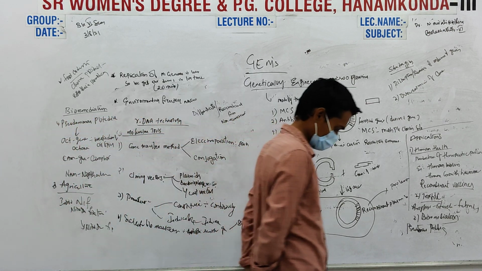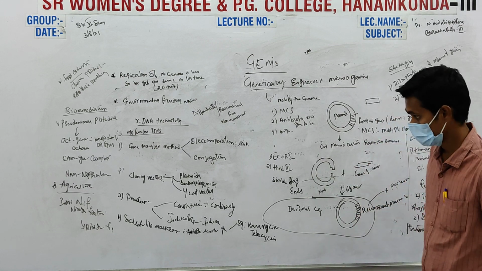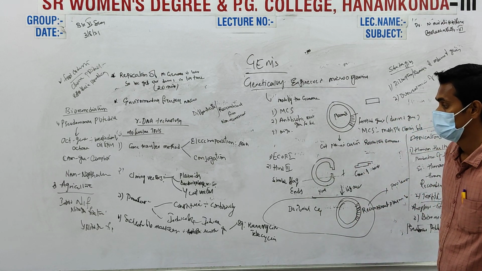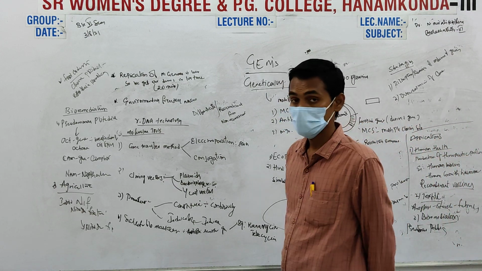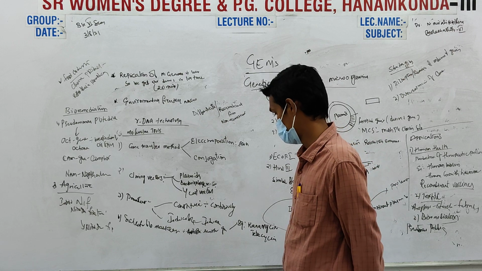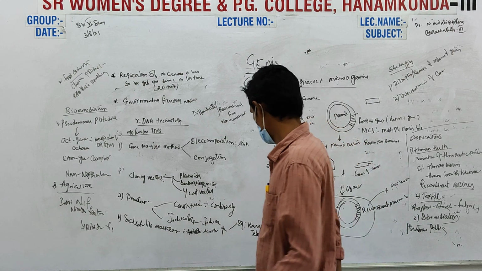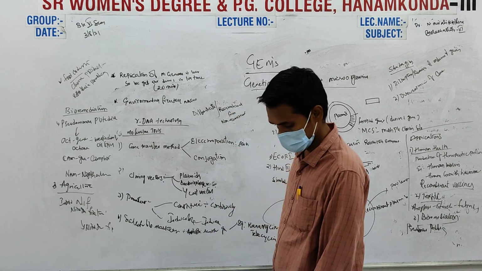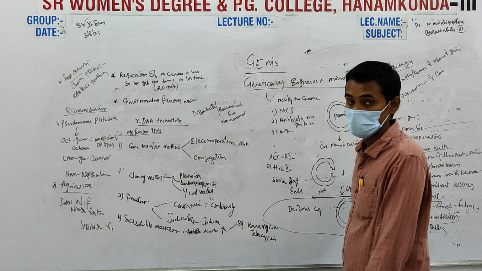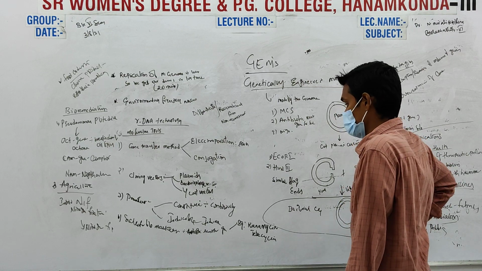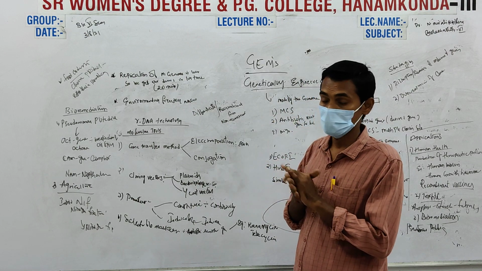Next, selectable markers, mostly antibiotic resistant genes such as kanamycin and tetracycline. These are used to differentiate recombinants from non-recombinants.